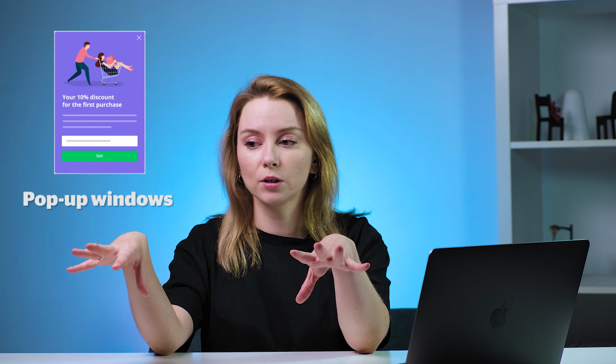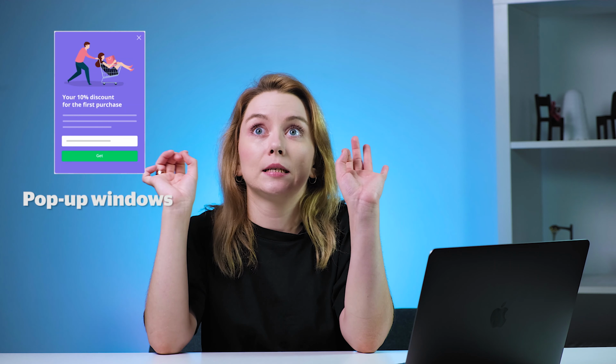Pop-up windows. Some people say those are so annoying and you should never run a pop-up window. Unfortunately, my dears, that is a stereotype and you shouldn't follow that.